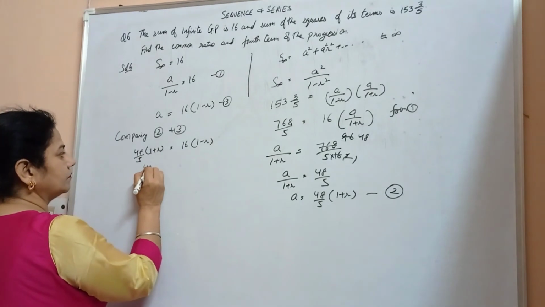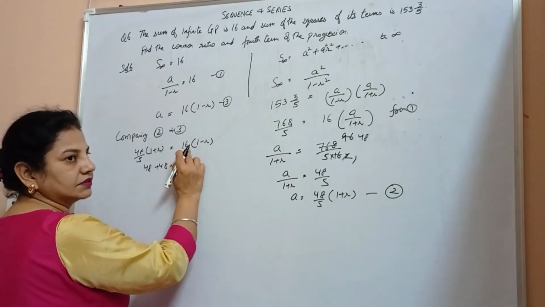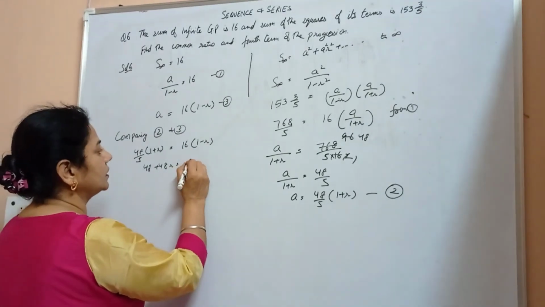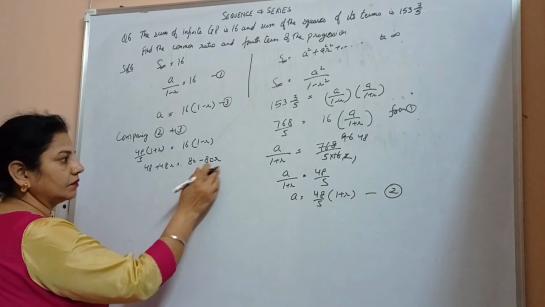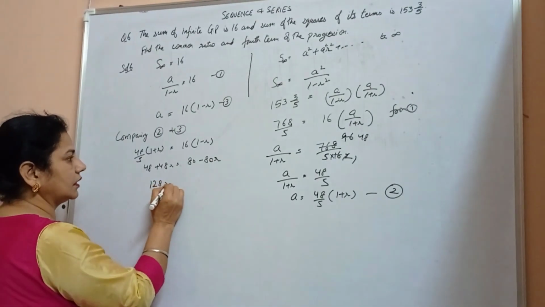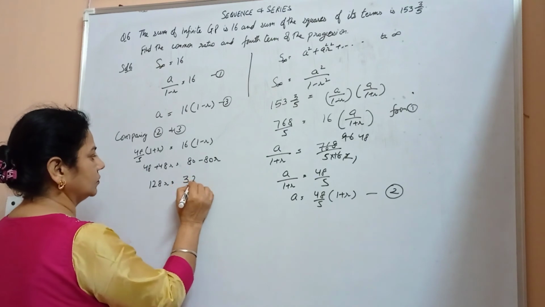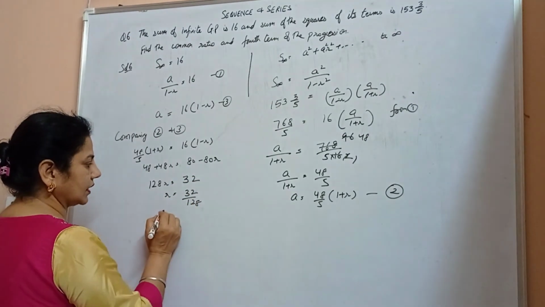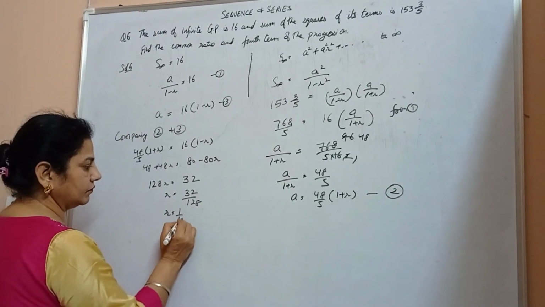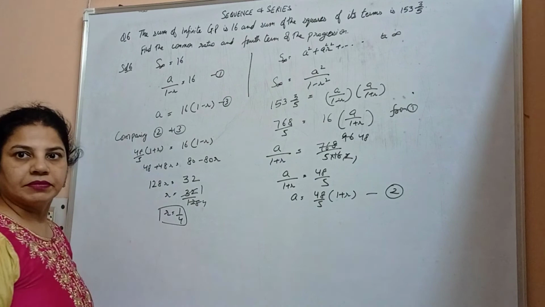So multiply this: 48 plus 48r, and here 16 fives are 80, so 80 minus 80r. From here we get 128r is equal to 32. So r is equal to 32 upon 128. Cancel it, and we get 1 by 4. So I get r as 1 by 4.